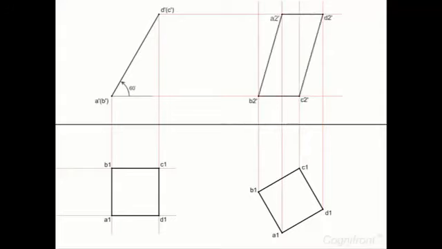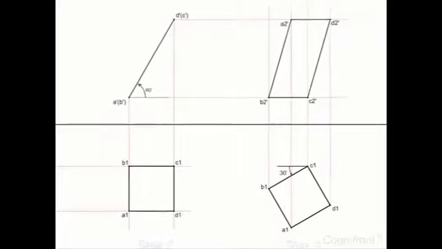Observe, A2', B2', C2', D2' is the final front view of the given plane surface when inclined 30 degrees with the VP. And that's it.